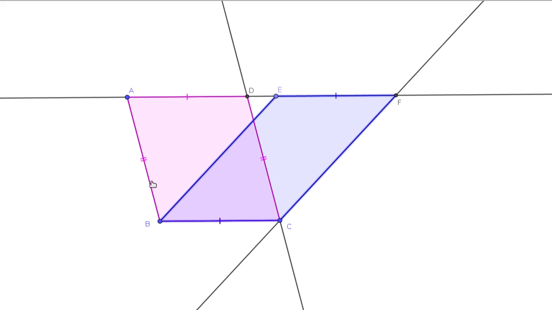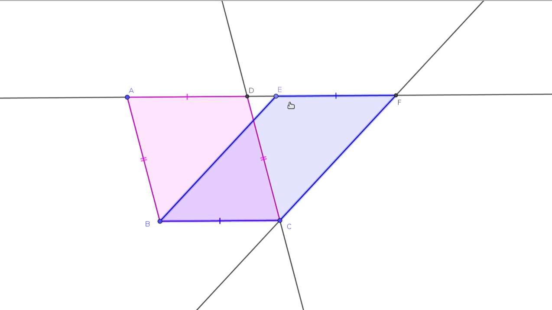Well, one thing from our previous proposition, our previous homework problem, which was Euclid's proposition number 34, was that when we have those parallelograms, the opposite sides are going to be congruent. So we've got side AD congruent to side BC, and side BC congruent to side EF.